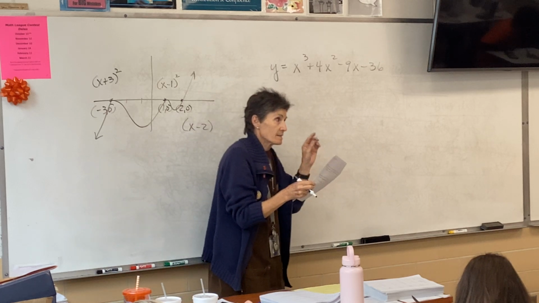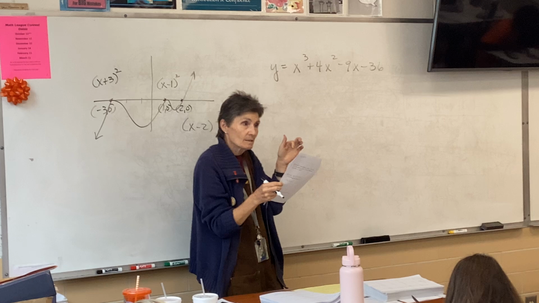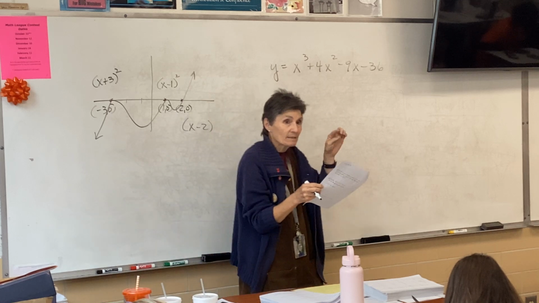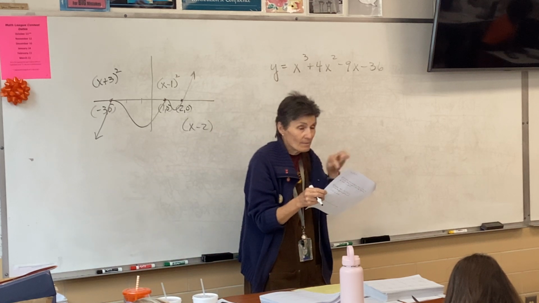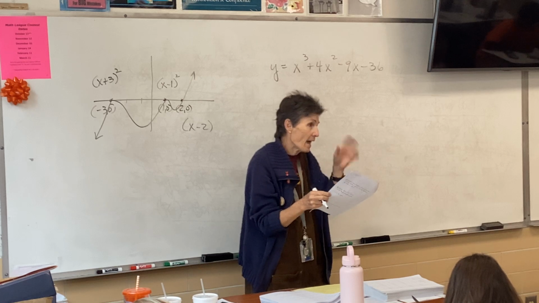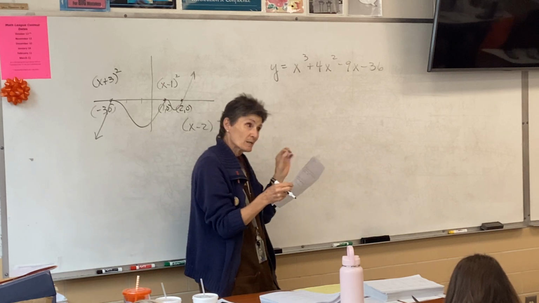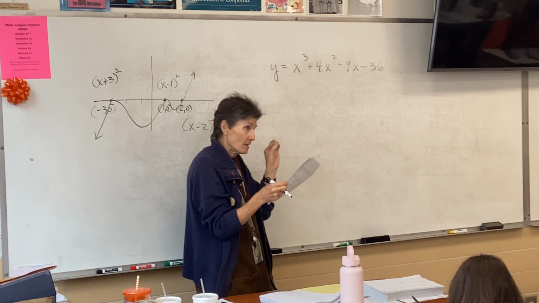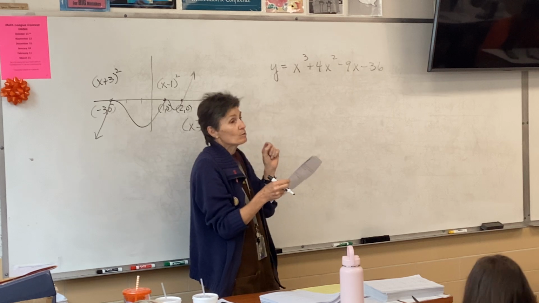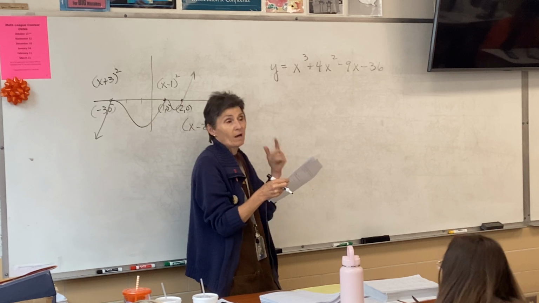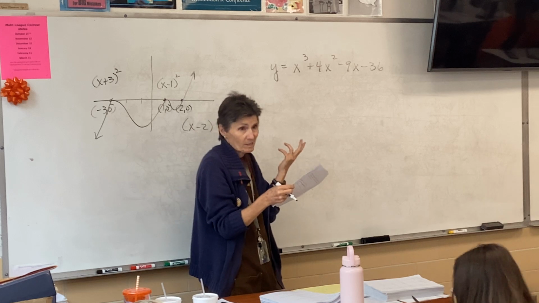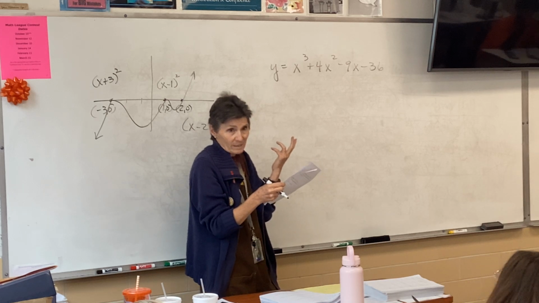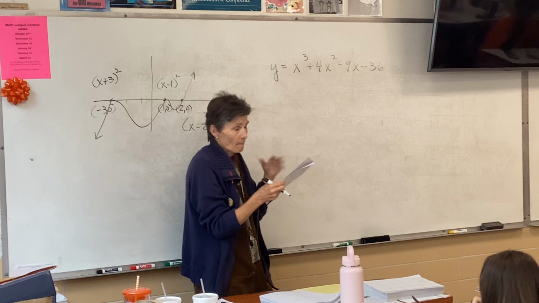On the test, I'll give you a hint. If it says find the PRRs, that means you can't group it. You're gonna have to guess. But if I don't tell you to find the PRRs, then you can group it. Could you still find the PRRs if you just love thinking about the factors of 36? Yeah, you can always do that. It's just gonna take longer.